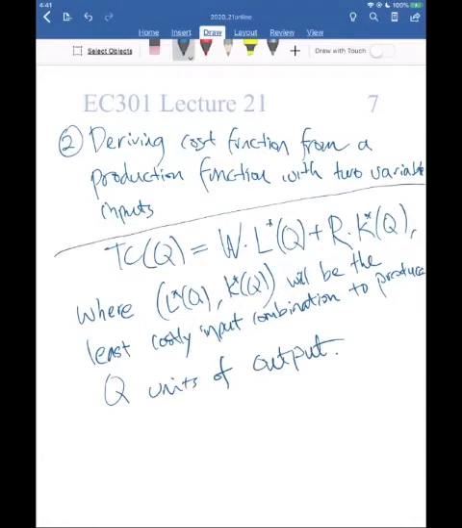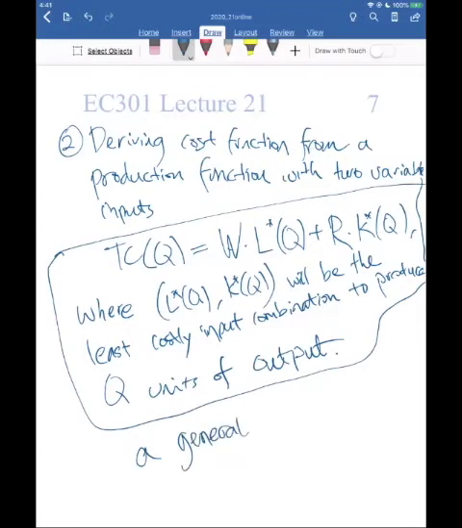So this statement, that L star of Q and K star of Q is the least costly input combination to produce a given Q units of output, is a general statement. It must be true.